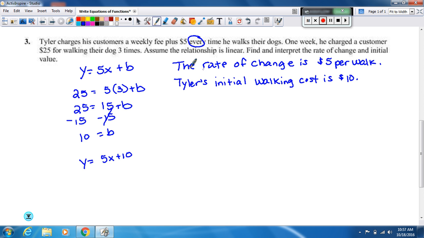Okay, so that's his weekly fee that they were talking about. His weekly fee is $10, and then he's going to charge $5 every time he walks the dog on top of the $10.